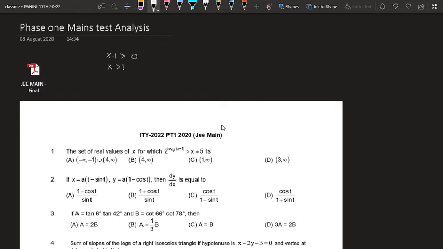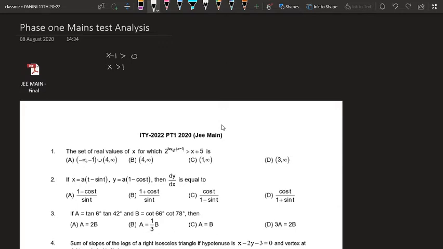Its left hand side is always positive. So x plus 5, whenever the right hand side is negative, the whole would be in the solution. x less than minus 1 is always in the solution. So let us start solving this problem.